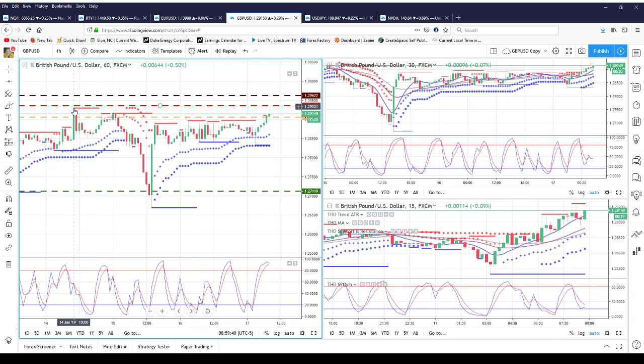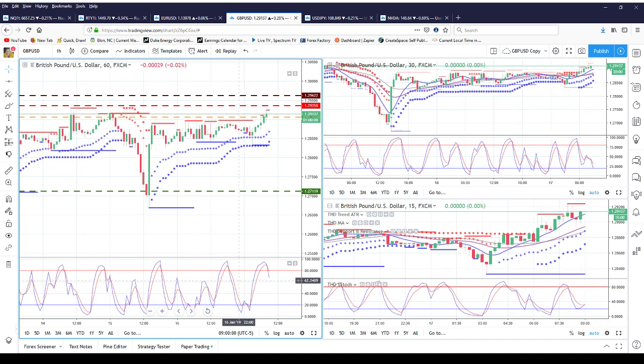Instead, I'm going back to this one because it was the highest, okay? And see, this is exactly what I was talking about. Do you see how it's going back to test this high right now? Because we were overextended. That's the reason I believe timing it with that 15-minute is better.